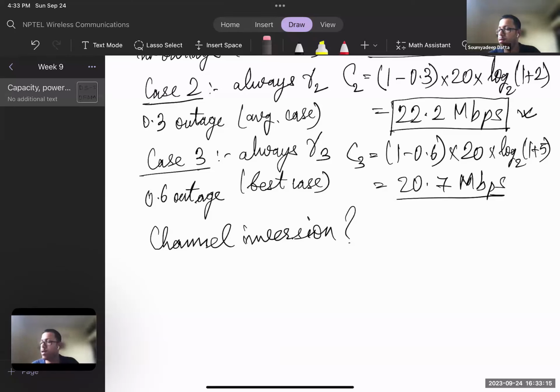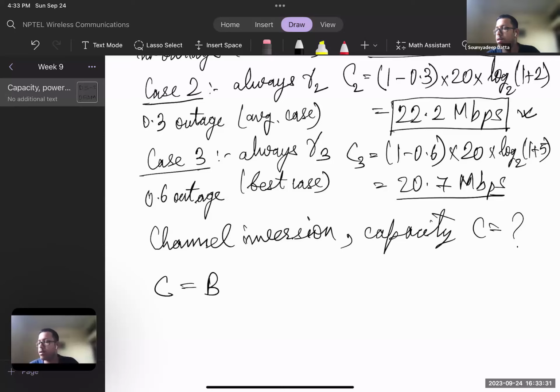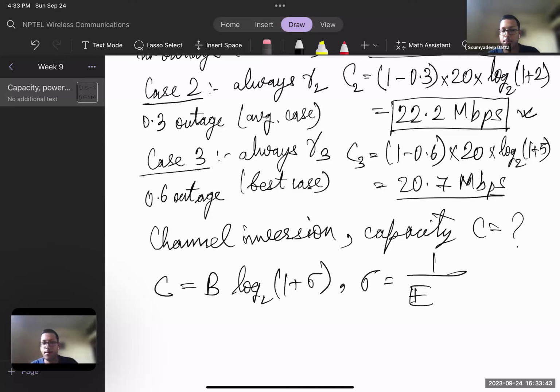your capacity, so you're using the channel inversion technique and you want to find the capacity. The capacity with channel inversion is given by this formula: bandwidth times log of 1 plus sigma, where sigma is the expected value of the inverse of the channel.